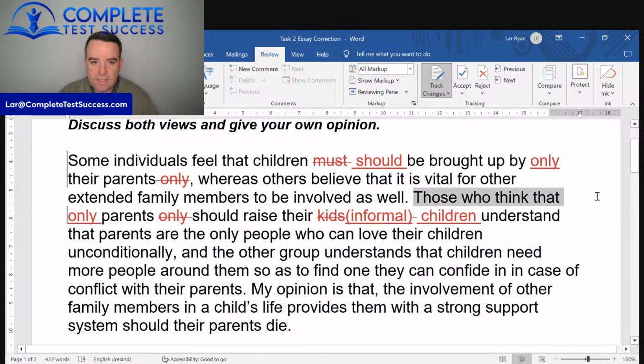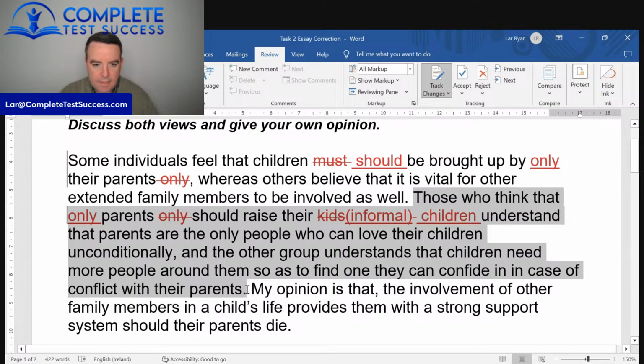Right. Those who think that only parents should raise their children understand that parents are the only people who can love their children unconditionally. And the other group understands that children need more people around them so as to find one they can confide in case of conflict with their parents.